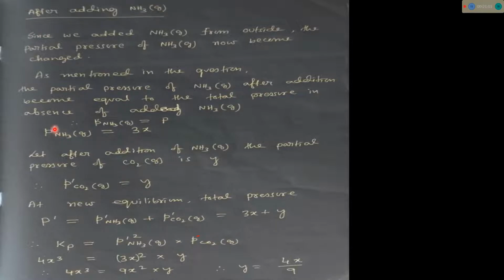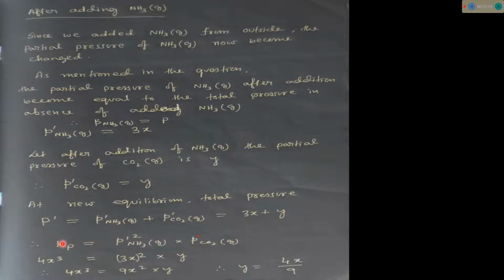So the new partial pressure of NH3 gas, small p prime NH3, becomes 3x. If we consider the new partial pressure of CO2 gas to be Y, then the new total pressure at equilibrium is the new partial pressure of NH3 gas plus the new partial pressure of CO2, which becomes 3x plus Y.